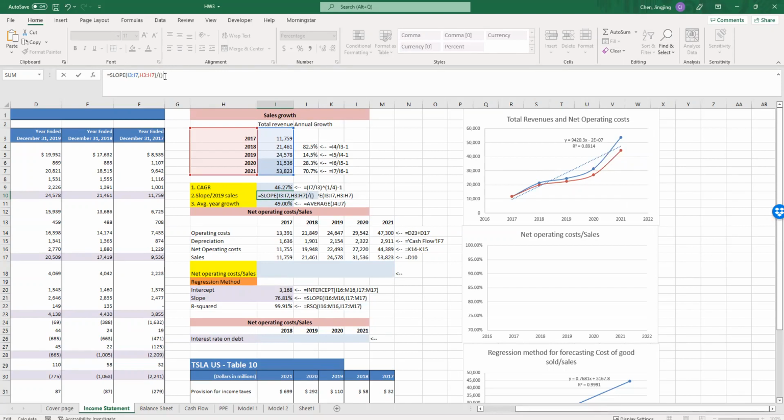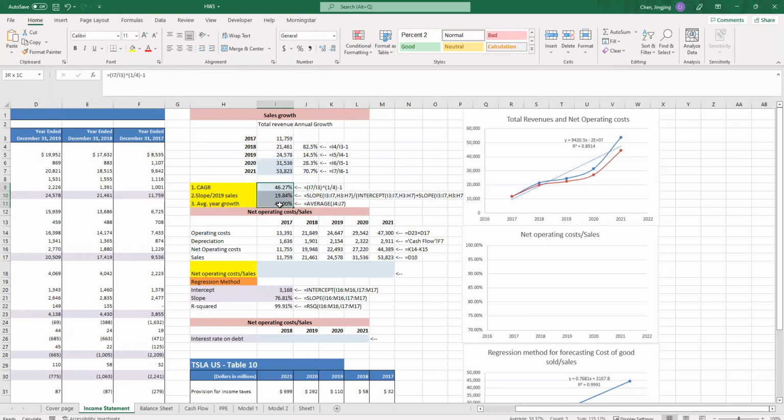So I'm going to calculate the predicted value using the model: intercept plus slope times 2021, bracket, enter.